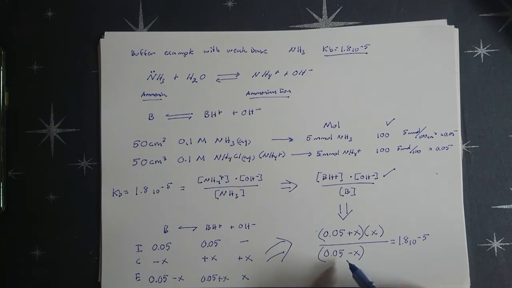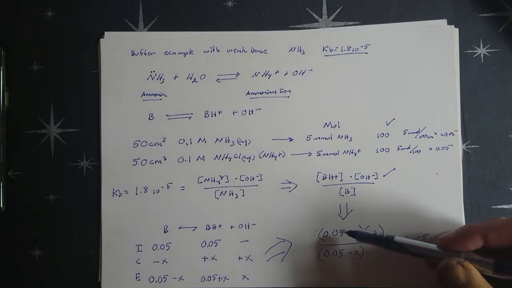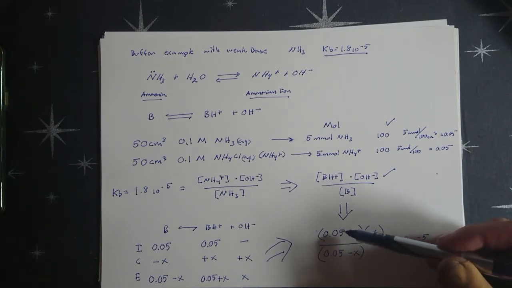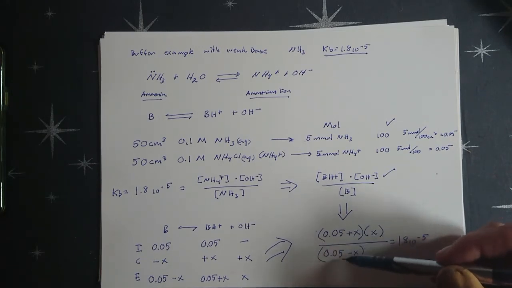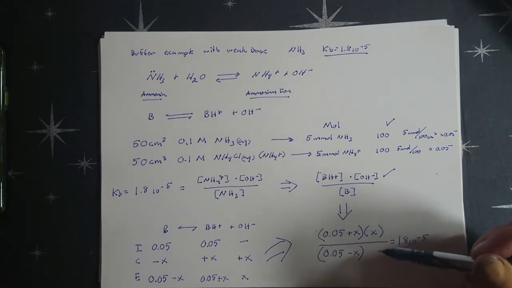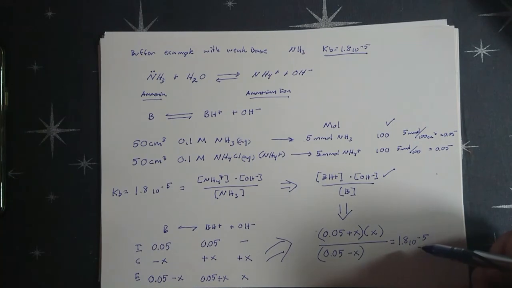And if the answer to that question is no, then what we basically have here is 0.05 over 0.05, which is basically 1 over 1, because these don't count. So what we basically have is 1 times X equals 1.8 times 10 to the minus 5.